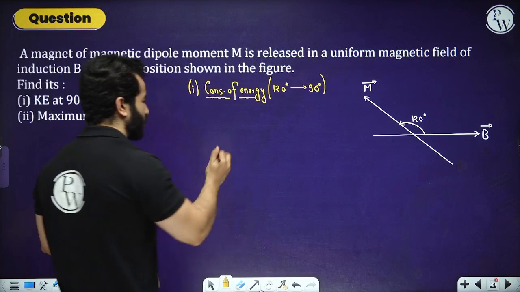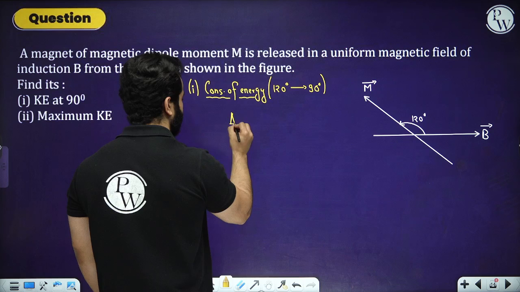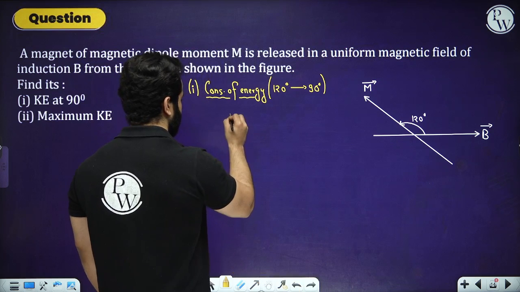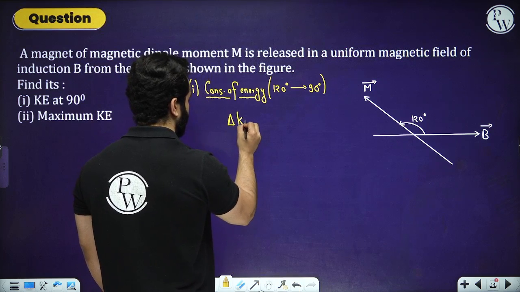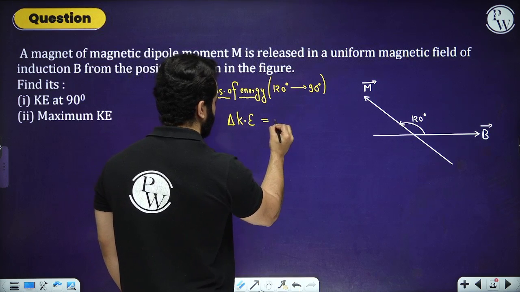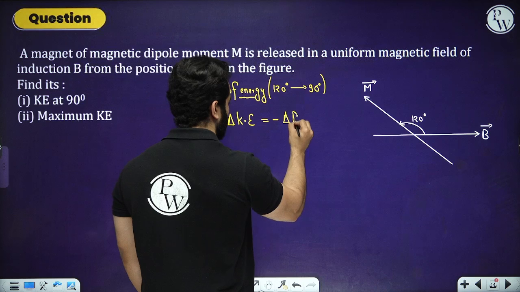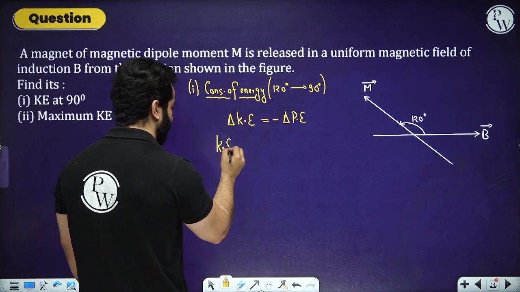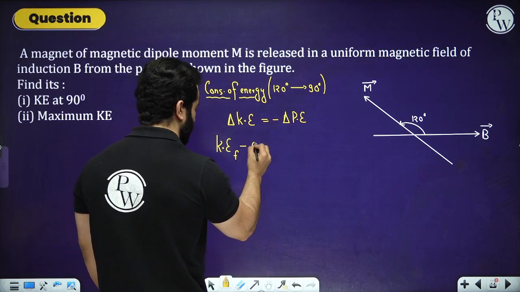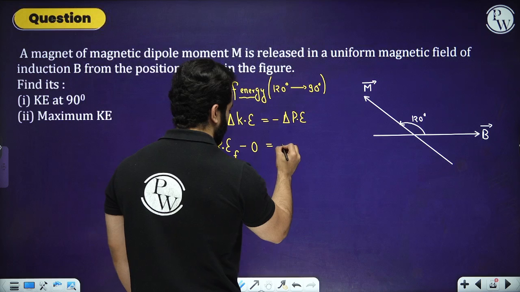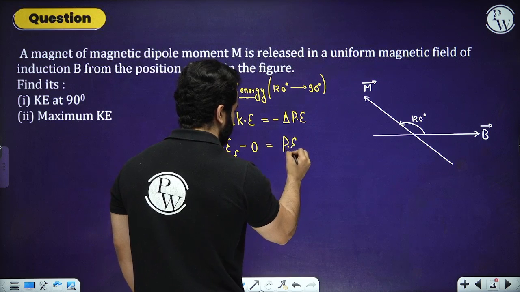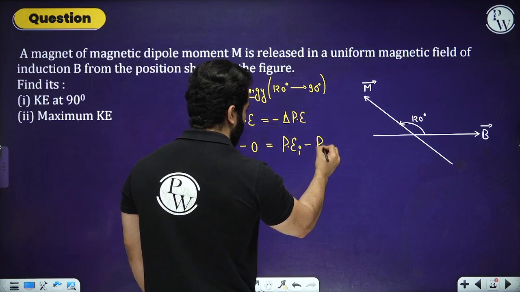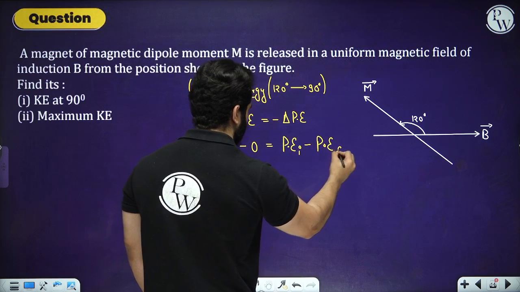The change in kinetic energy will be equal to the negative of the change in potential energy, because there are no other forces. So the final kinetic energy minus 0, the initial kinetic energy, is equal to initial potential energy minus final potential energy, because you have a minus sign over there.